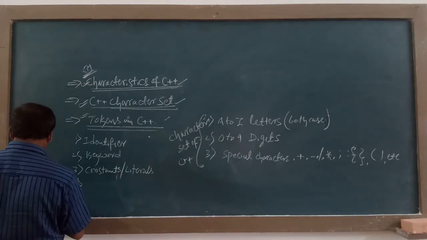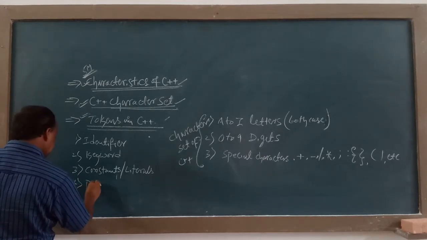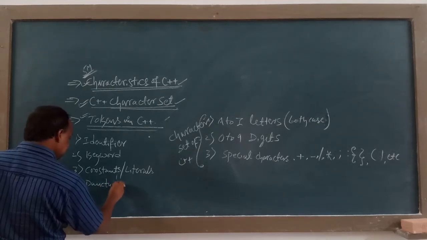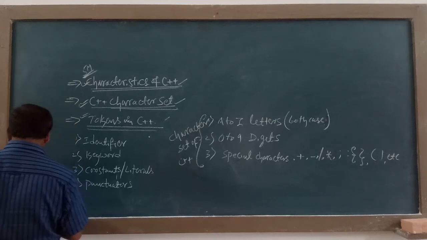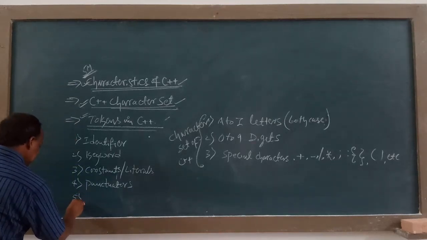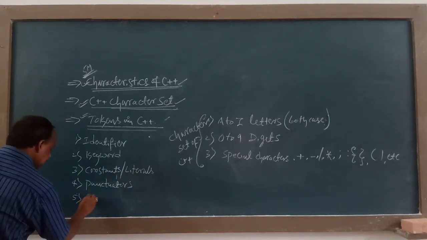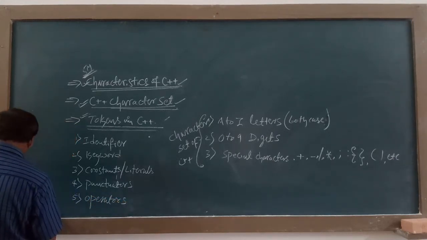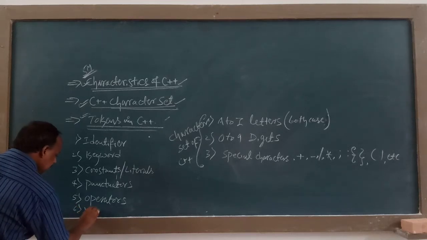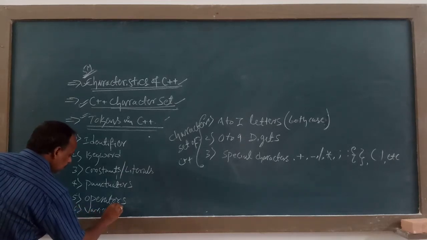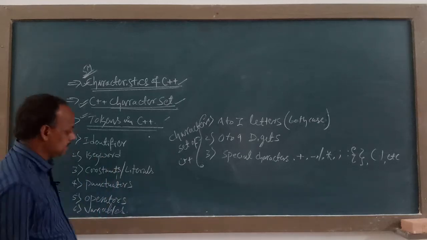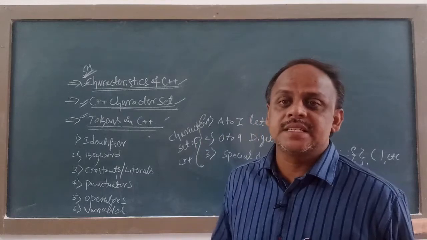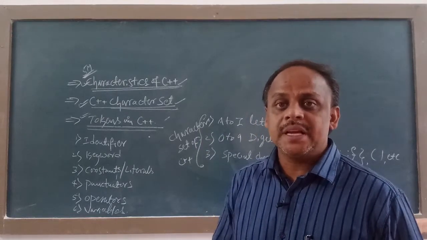Fourth one, punctuators. Fifth one, operators. And the sixth one, variables. These are the fundamental elements of the C++ programming language.